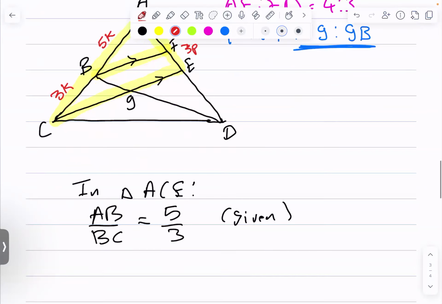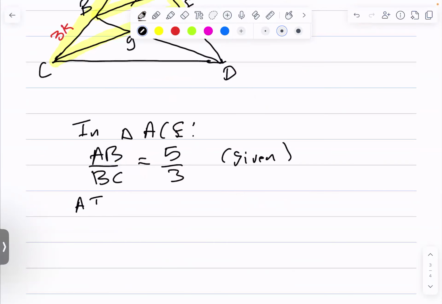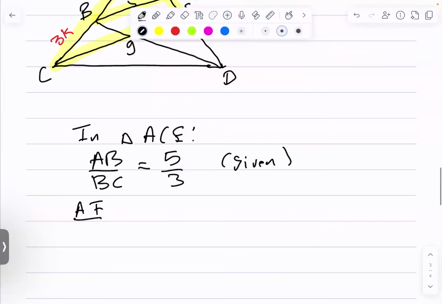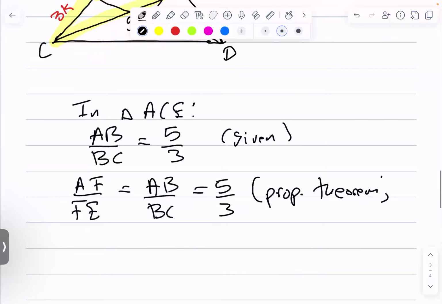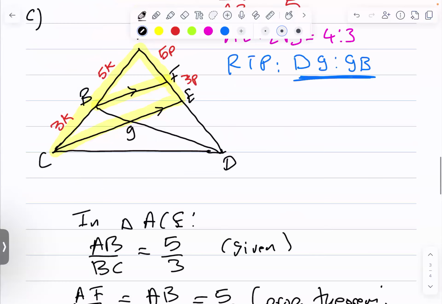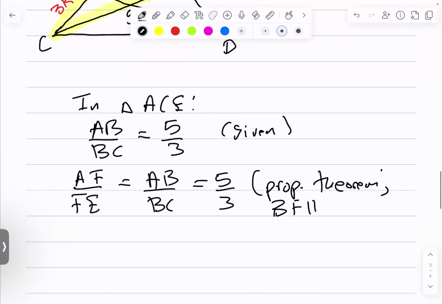All right. So that statement I can represent to say AF over FE equals AB over BC, which equals 5 over 3. Then I go ahead and write prop theorem and indicate that in this case it is because BF is parallel to CE.